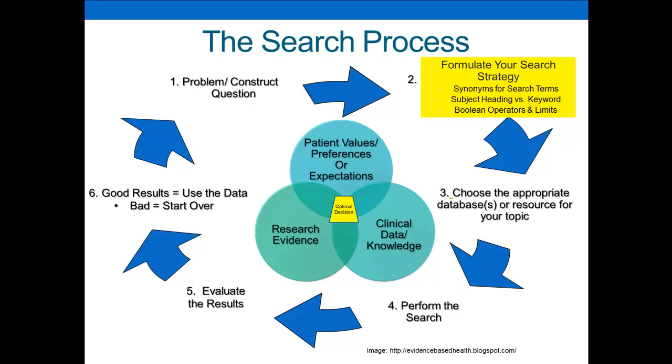In other words, alternate terms that you could use to describe a particular condition or item or something of that nature. Because as you get into these databases, different databases describe things differently based upon the audiences they're serving. So having some alternate terms or synonyms to describe what you're looking for can be helpful.